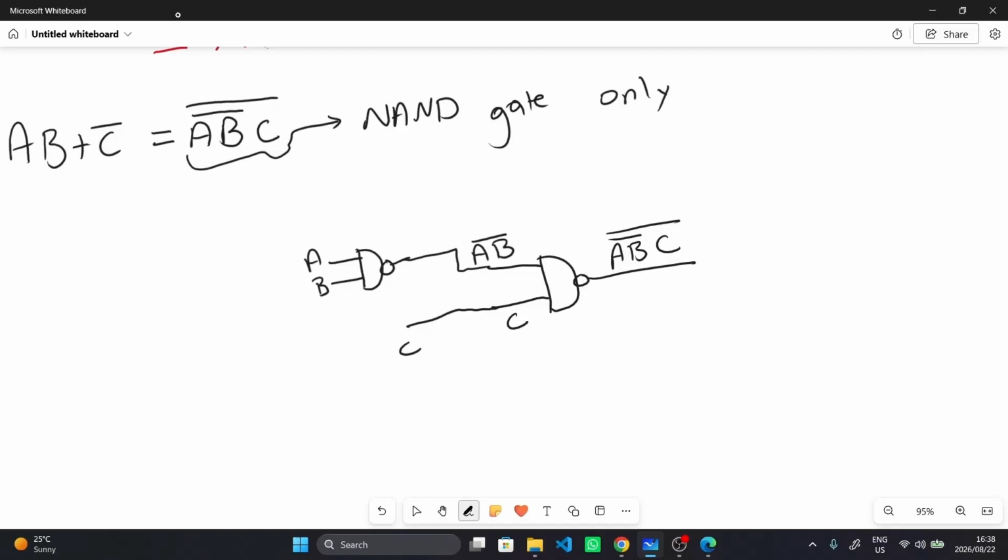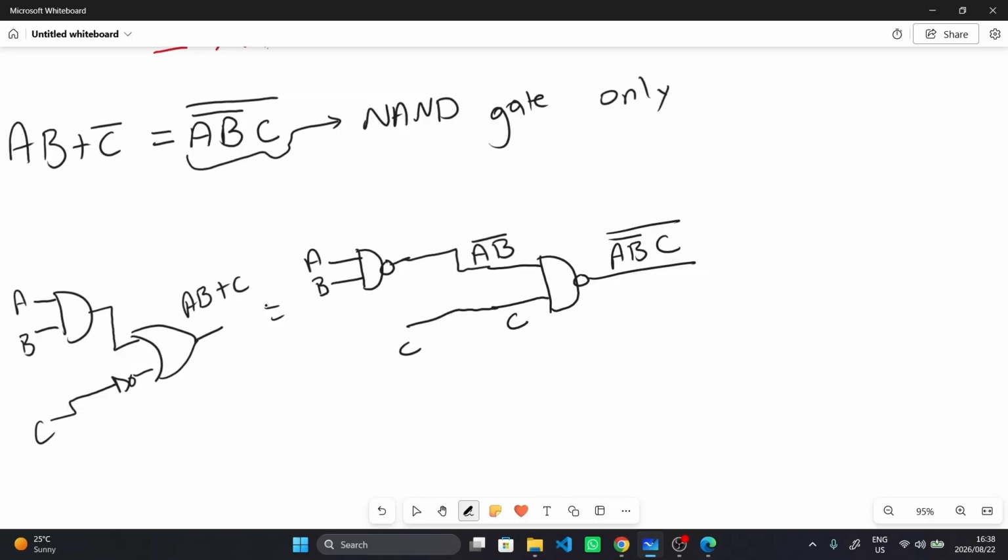So this is the same as you having A, B, C, A, B plus C naught, right?